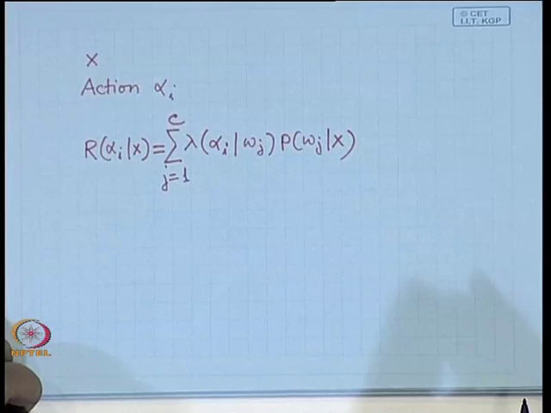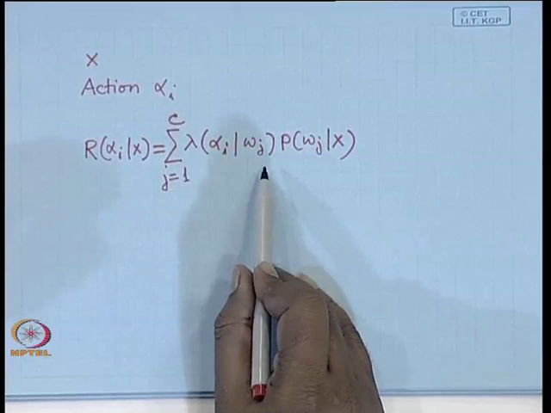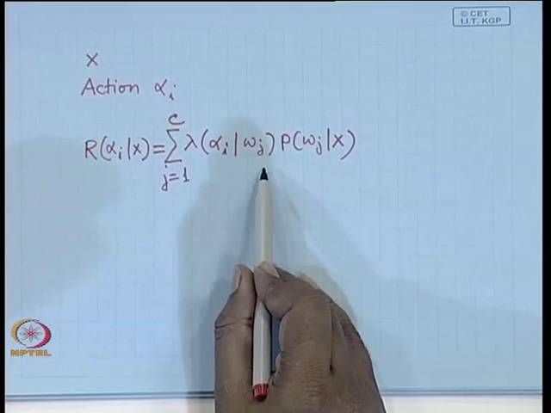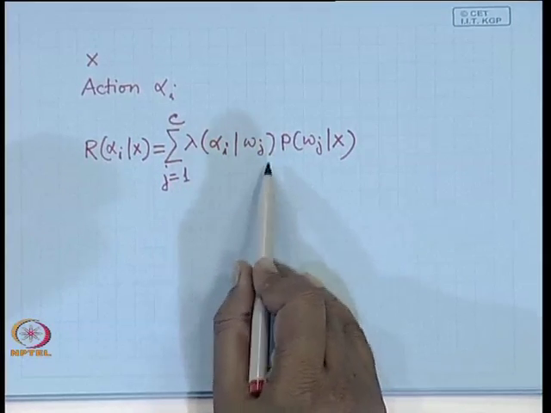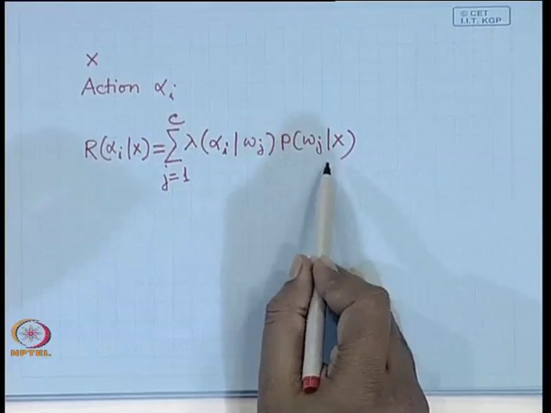Is that okay? Because I do not know what the true state of nature is. If the true state of nature is omega j, then my loss is lambda(alpha i | omega j). Then I have to multiply this with the probability of the true state of nature being omega j given my observation vector x.